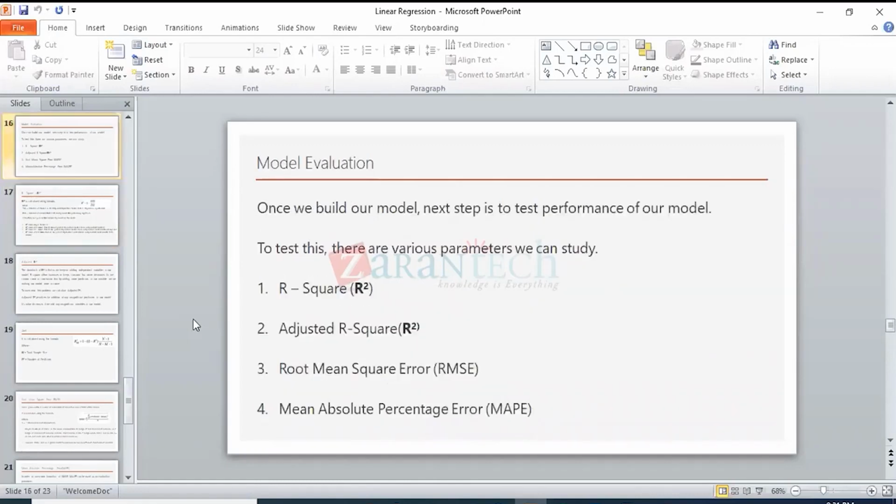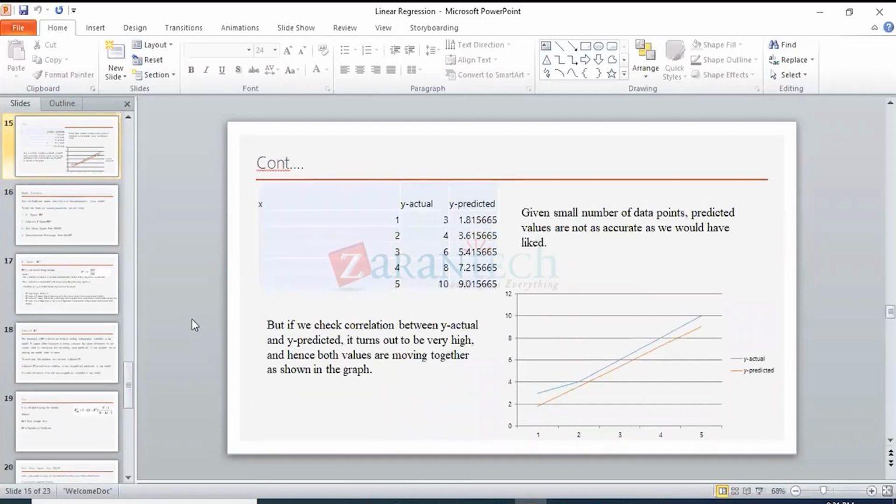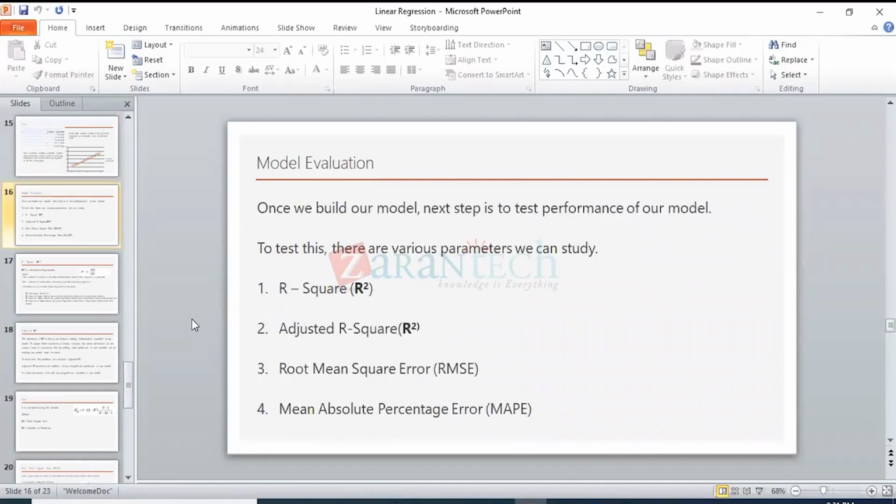Okay, so let's move forward. Now you have the linear regression model, but you don't know how your model will perform. So we always need evaluation parameters to measure the performance of your model. All models will have model evaluation parameters.